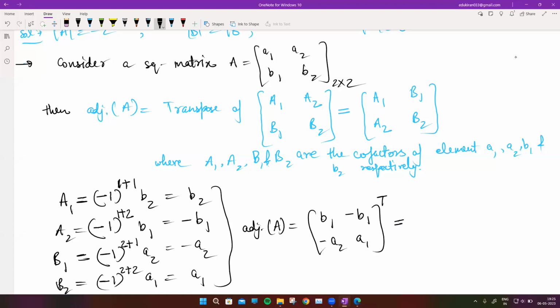I could have written it directly as well, but because we are just trying to understand the concept, I will write it in every step. So the adjoint of A in this case will be B2, minus B1, minus A2, A1, and its inverse exists. Inverse of A exists, rather we should write it like this.